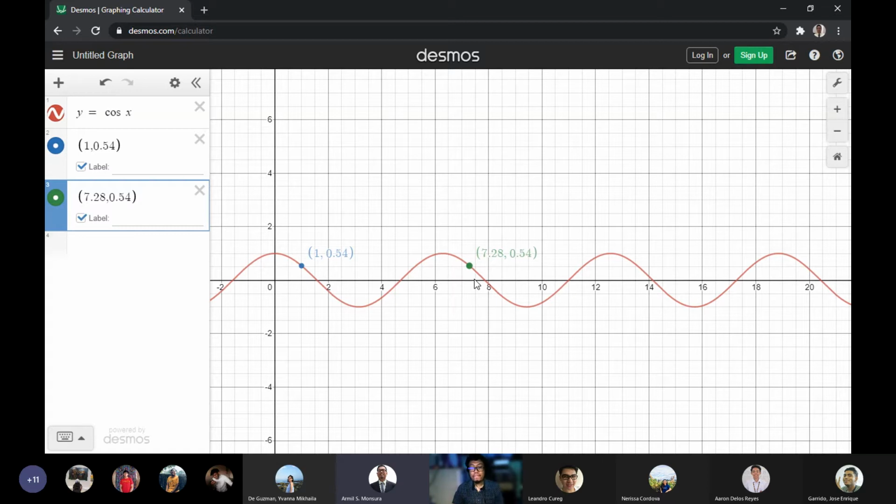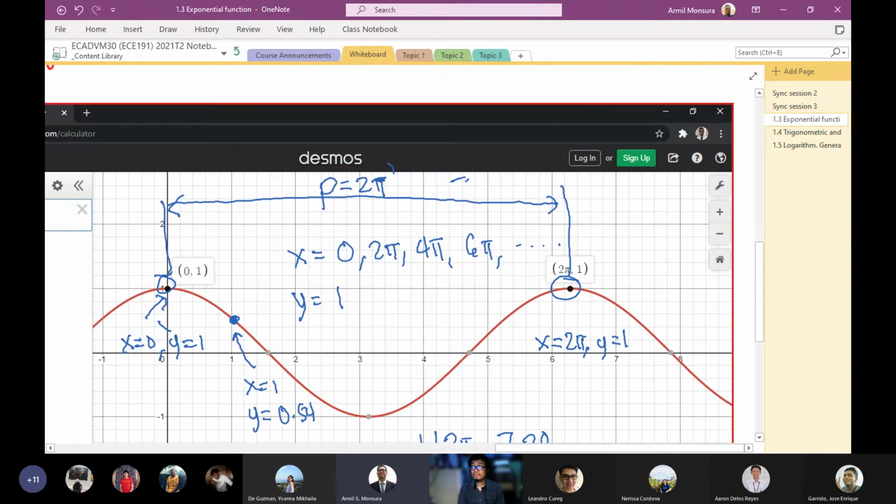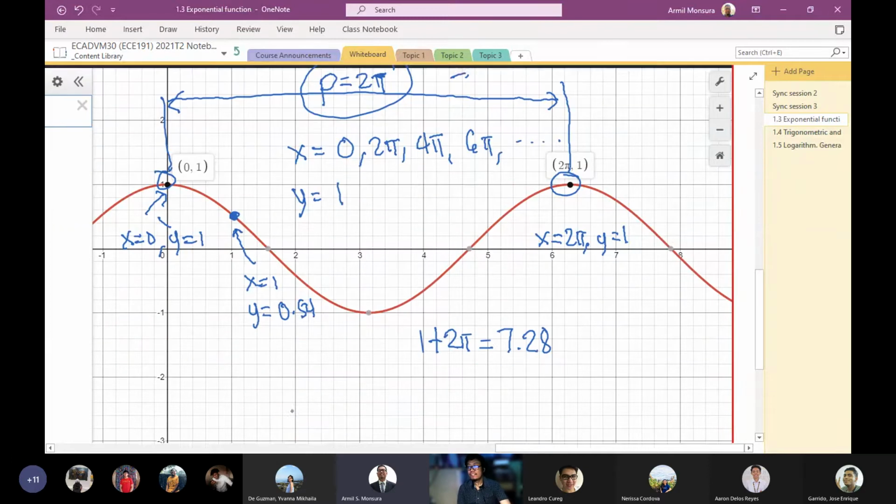So, that verifies that the periodicity of this function is indeed 2 pi, kasi every 2 pi change in the x coordinate, the y value repeats. So that's how we interpret periodic functions. Is that clear?